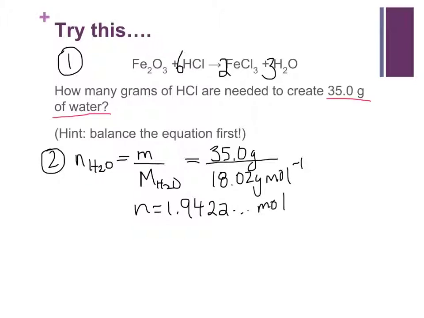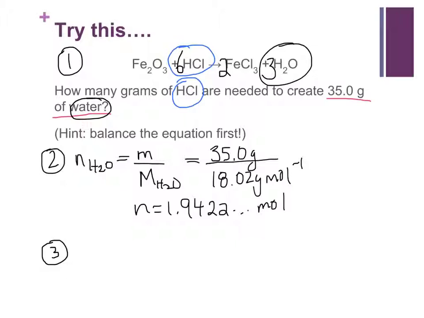Alright, now that we have number of moles of water, our next step is going to involve setting up a mole ratio. We need to decide what we're going from and what we're converting to. We are given moles of water, so our water is here, and we need moles of HCl, which is given here.